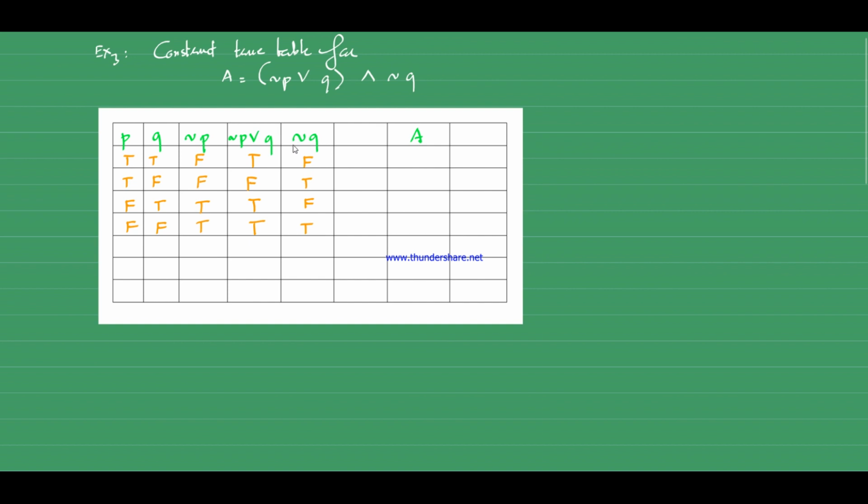Then now we're gonna do the conjunction between these 2 columns right here. For conjunction, we think about a company promising to deliver a TV and a laptop. If he did not deliver one of those, then the promise is broken. You see that he failed to deliver one of them right here because this is false.